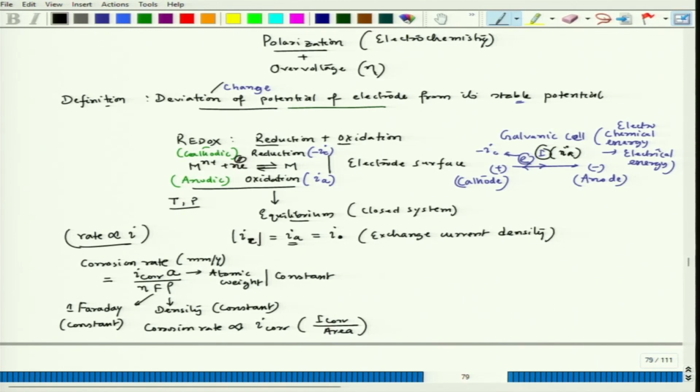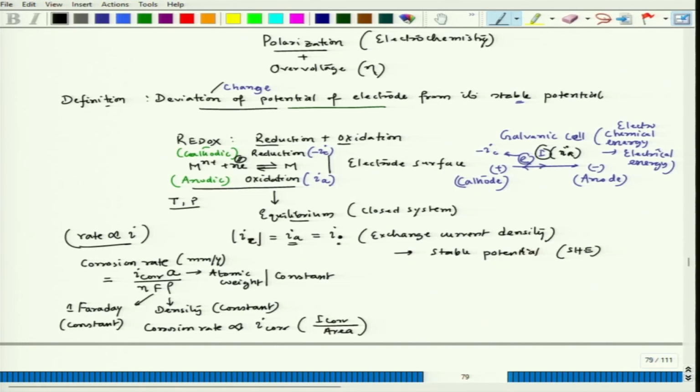place. Now, this exchange current density is basically the current density corresponding to the situation of equilibrium, and when it reaches equilibrium, it achieves a stable potential, and that stable potential can be measured with the help of a standard electrode, let us say the standard hydrogen electrode.